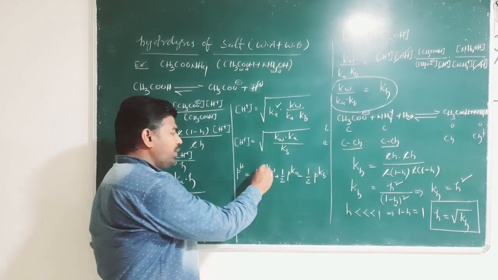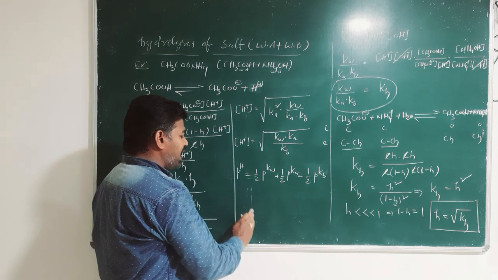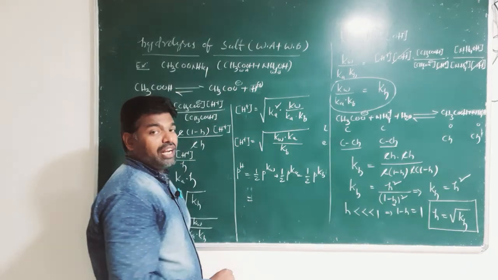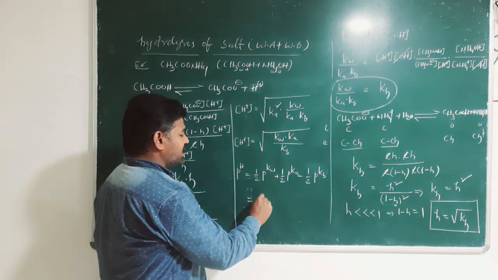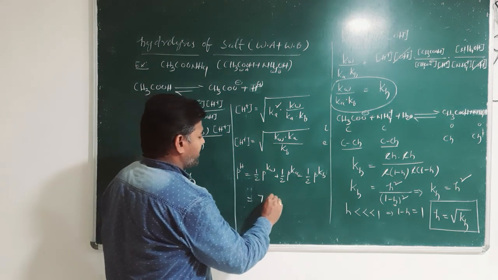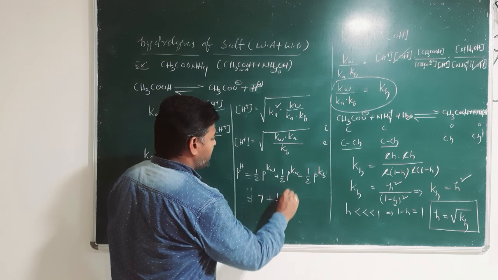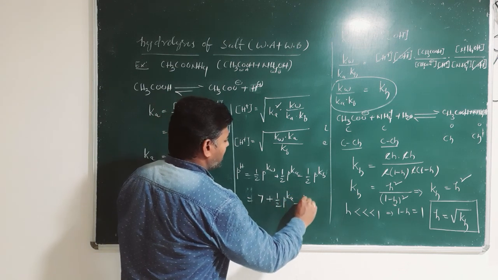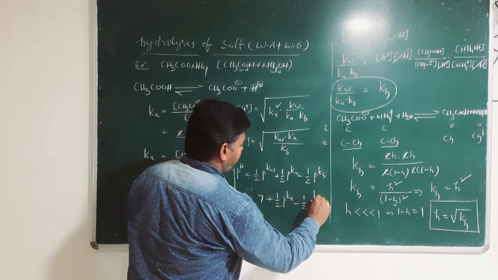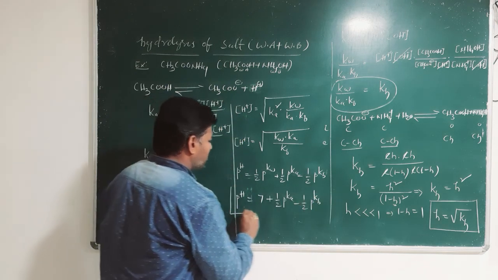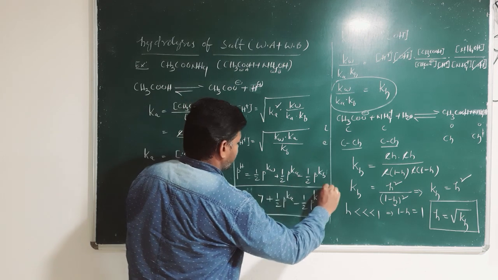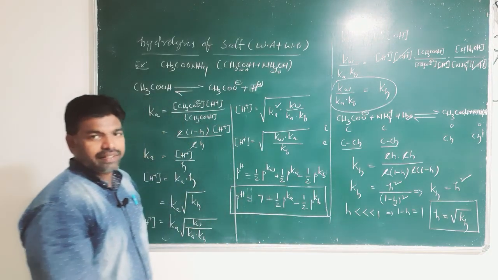Okay, 1 by 2 pKw can be written as 7, because pKw value is 14, so 14 by 2 is 7. So, pH is 7 plus 1 by 2 pKa minus 1 by 2 pKb. This is the pH of the resulting solution.